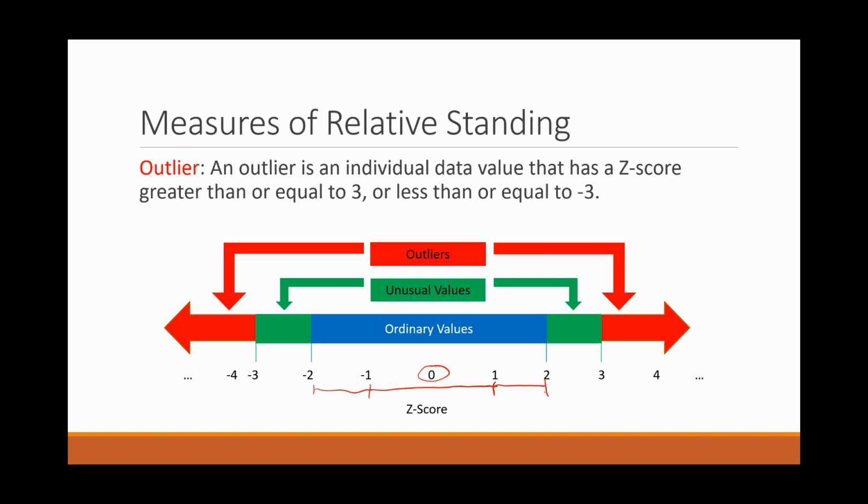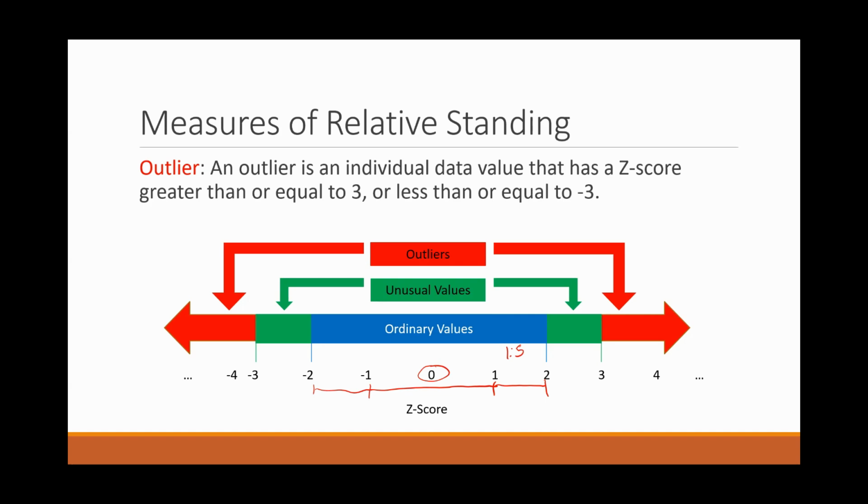It's not terribly unlikely that you would see a value in these ranges. If a particular value has a z-score of 1.5, you say, okay, that's reasonable. That will happen somewhat frequently. Okay, that should be over here, right?